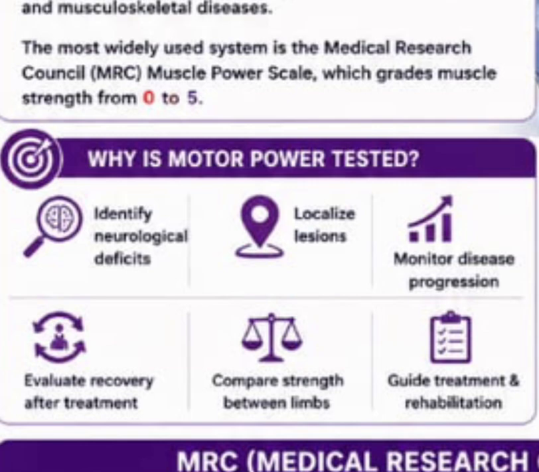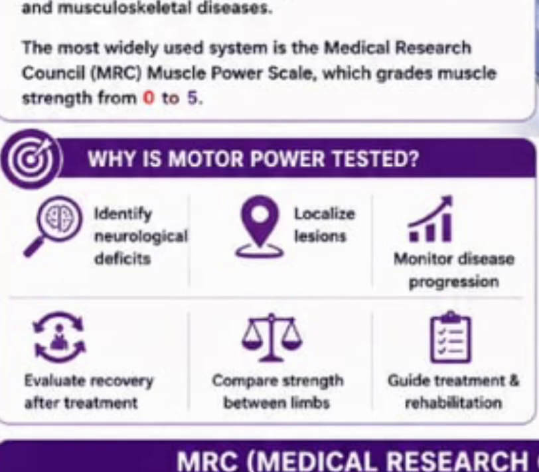Two, we have to localize the lesion to know where it is really affecting. Number three, to monitor disease progression. I told you to monitor disease progression using it as a functional outcome measure, to track whether you, as a clinician, are doing the right thing or not.